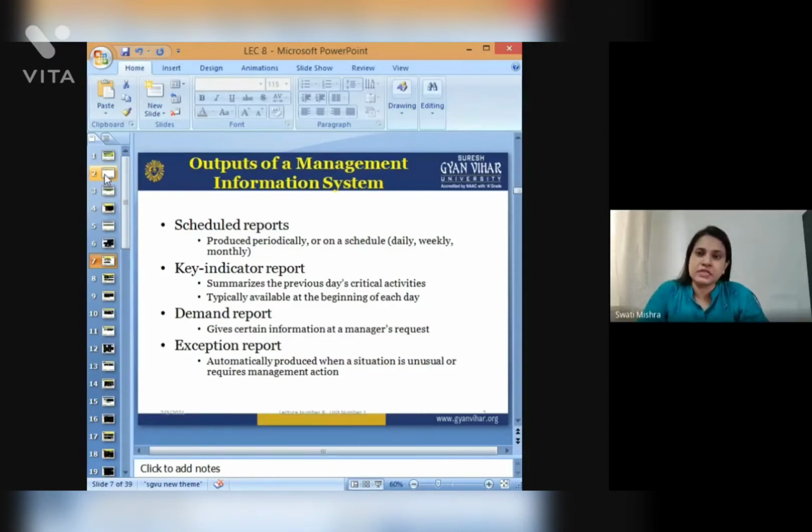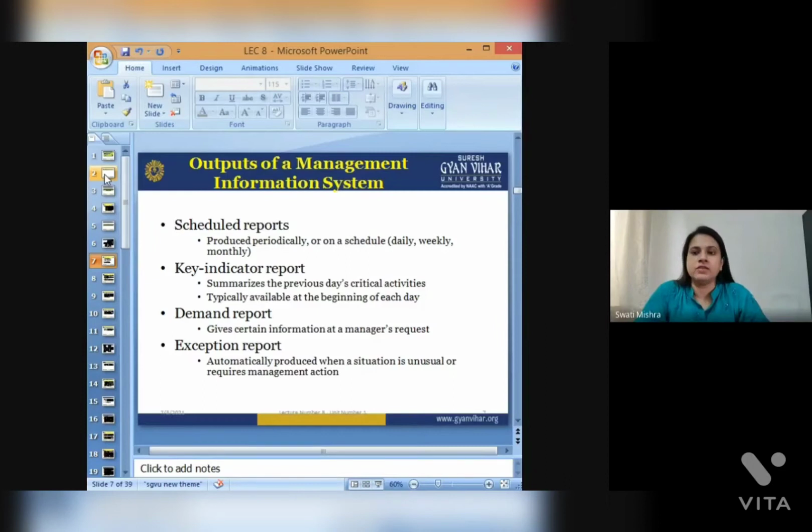As far as the outputs of a management information system are concerned, the output could be given in the form of these four reports indicated on your screen, like the scheduled reports. These scheduled reports are produced periodically or at a scheduled time, maybe daily, weekly, monthly, fortnightly, the way it is scheduled, right?